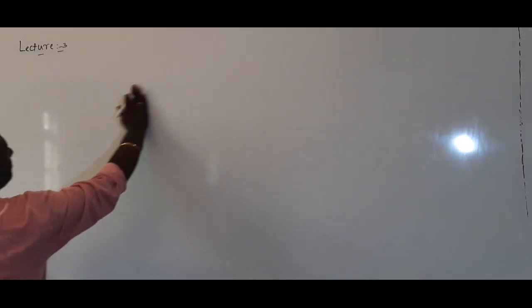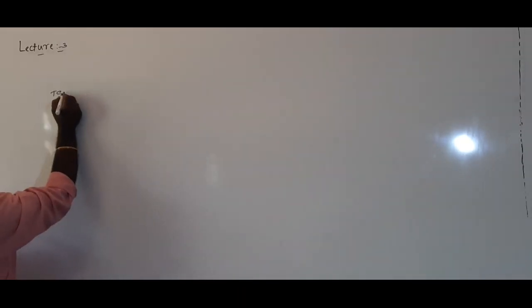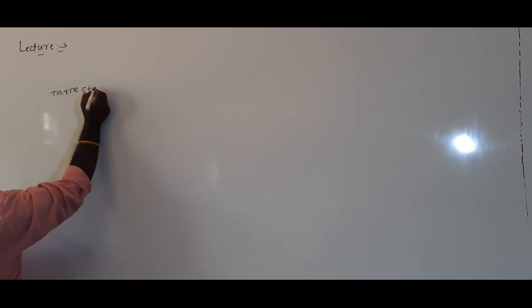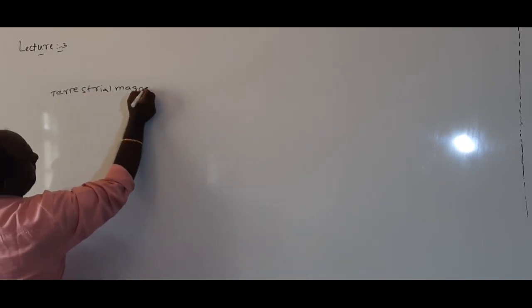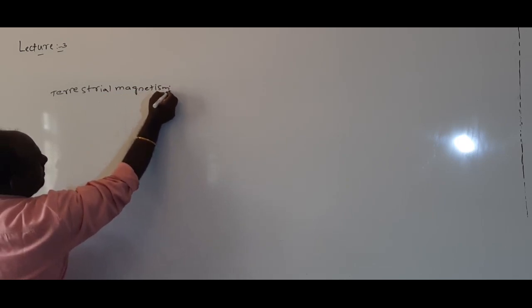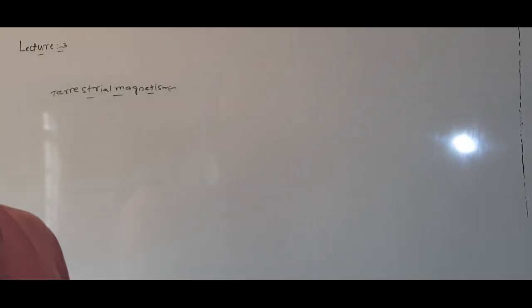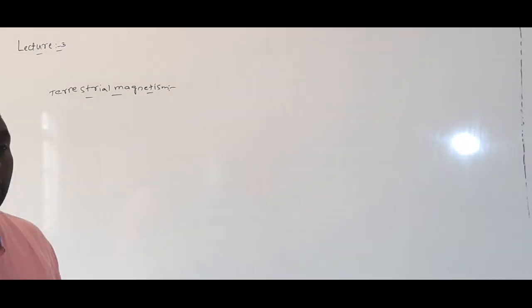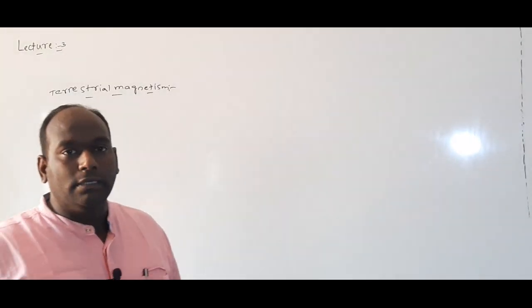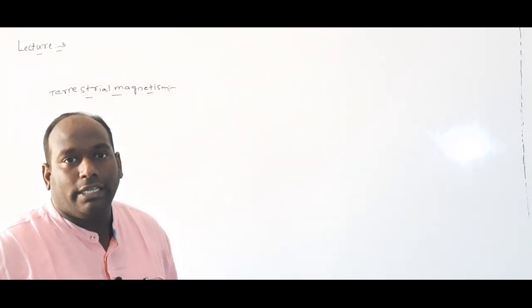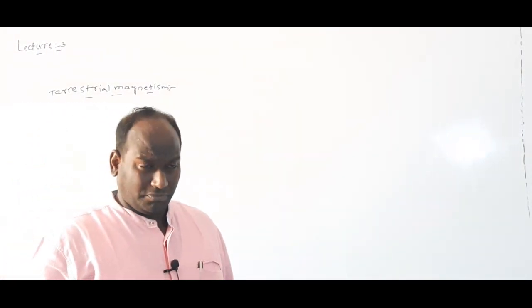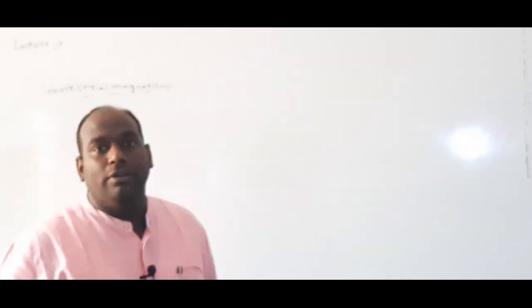Terrestrial magnetism. What is meant by terrestrial magnetism? Terrestrial indicates big size. The branch of physics which deals with the magnetism exhibited by Earth's surface is known as terrestrial magnetism.